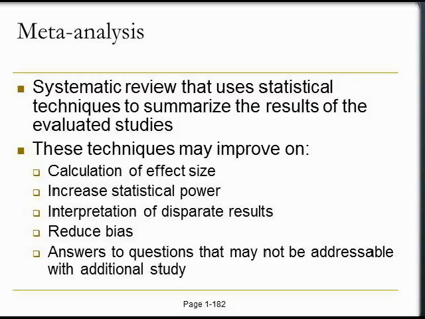They may allow the interpretation of disparate results from one study versus another study, or hopefully 10 studies versus 12 studies. And in that regard may reduce bias. But they may also allow us to answer questions that we couldn't address in a randomized trial, because we can't conduct another trial, say, evaluating digoxin's use in heart failure, because it's been done 6 times and et cetera. So it may allow for answering questions that we can't answer with additional study.